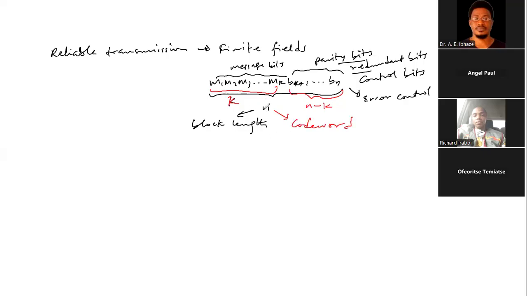So you now see that the length of this code word is not arbitrarily long, extending to infinity. It is less than infinity. It's finite. Is that clear?